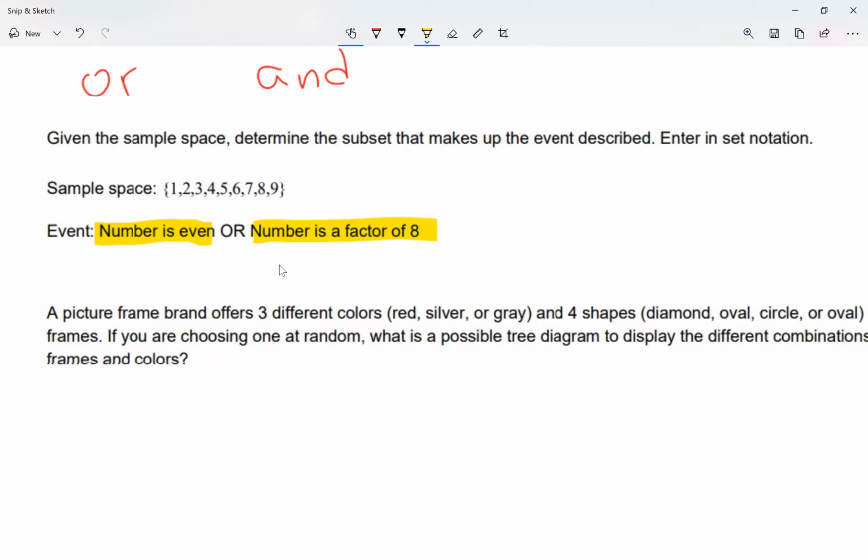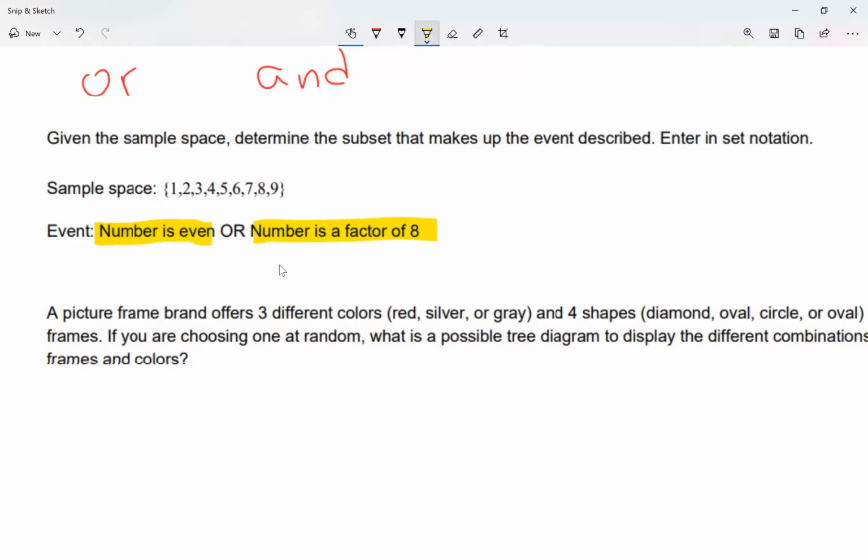Remember, factors are the numbers that I can divide. In this case, the number is a factor of 8. So 8 divided by a factor gives me a whole number. So for example, 2 is a factor of 8 because 8 divided by 2 gives me a whole number. Right? 4 is also a factor of 8 because 8 divided by 4 gives me a whole number. Now 3 is not a factor because 8 divided by 3 does not give me a whole number.